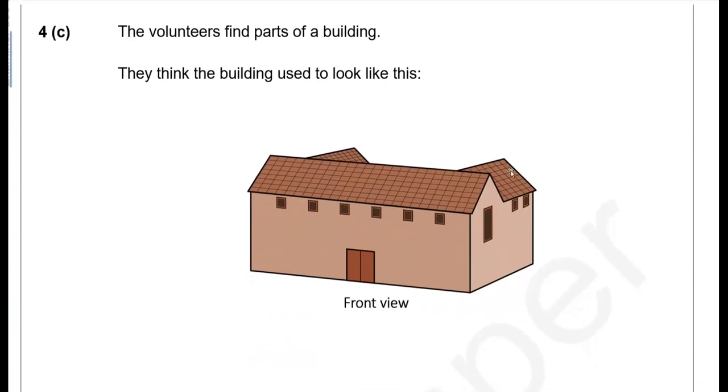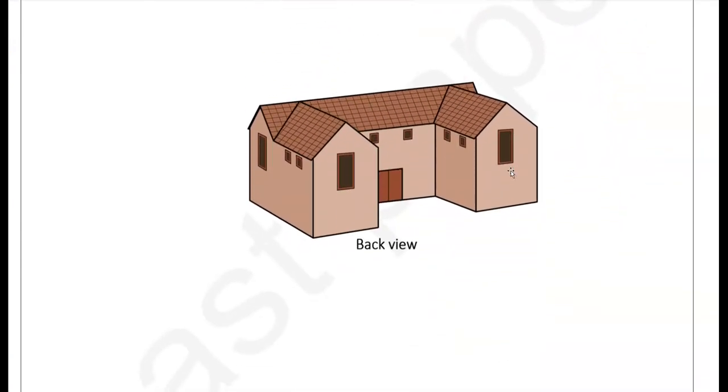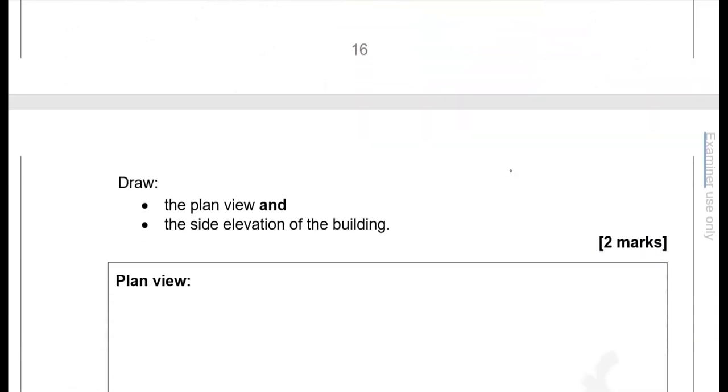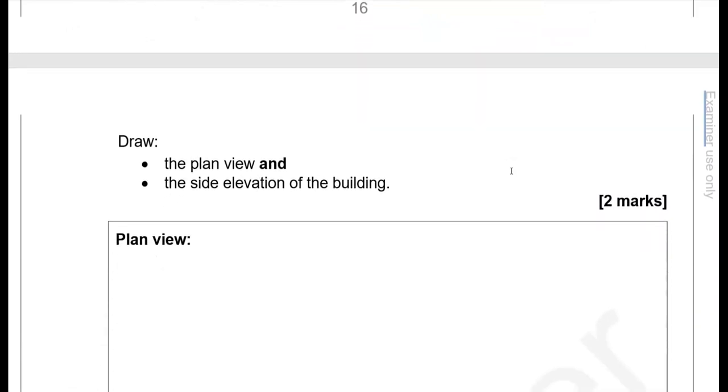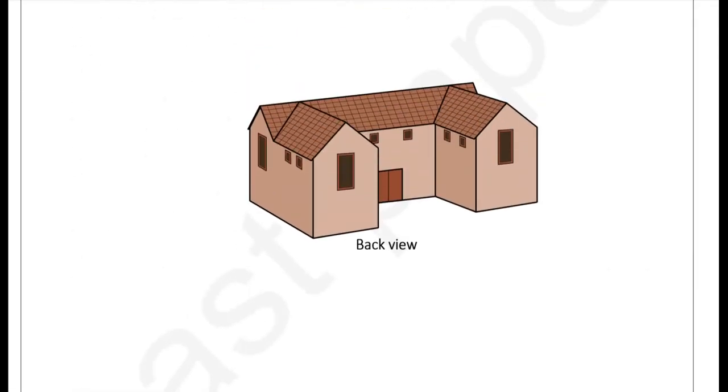The volunteers find parts of a building. They think the building used to look like this. Draw the plan view and the side elevation of the building. Okay, so let's look at the building again from the top.